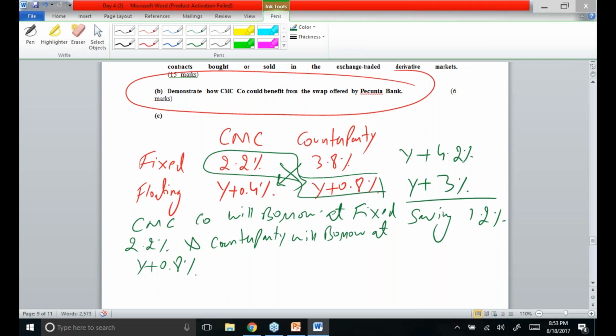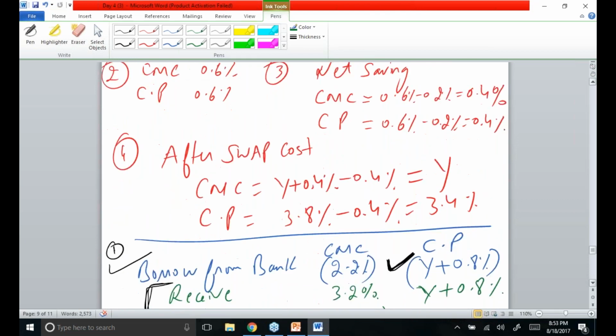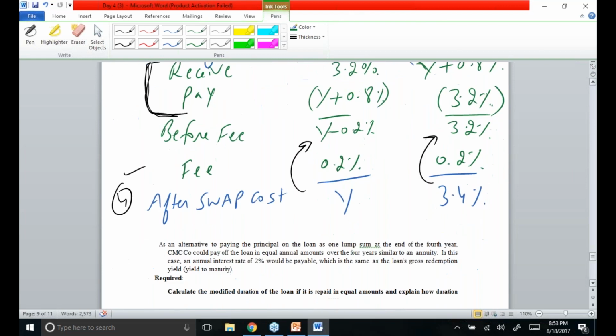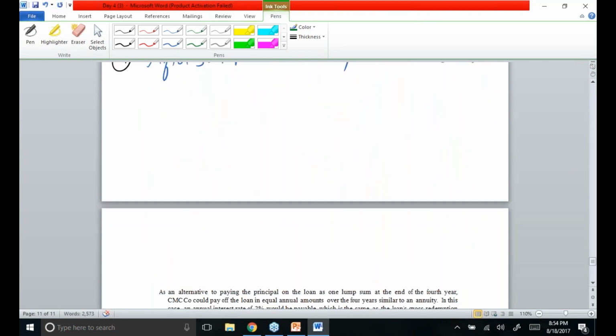Okay, we have not discussed the currency swap, but for currency swap, the process is exactly the same. Exactly, the steps are the same. Just go to the ACCA website.